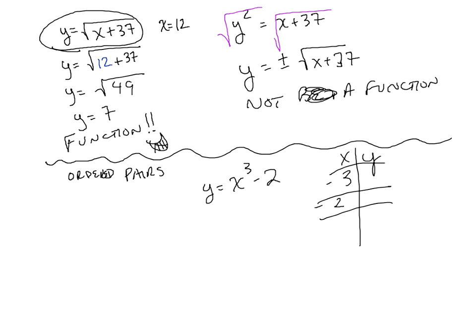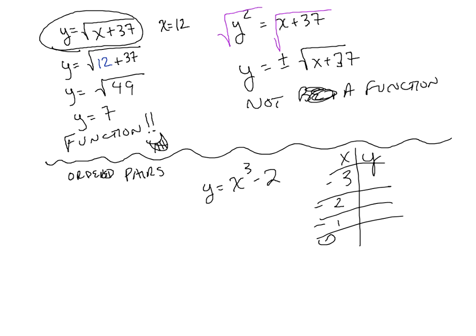Okay. That is fine because there are no restrictions on the domain. You can cube any real number that you want to. Cubing is just multiplying something by itself 3 times. So there are no restrictions on cubing a real number. Now, if that thing were a square root or something like that, you'd have to start thinking, oh, is there a possibility of getting an imaginary number? But for this, you can cube anything you want to.